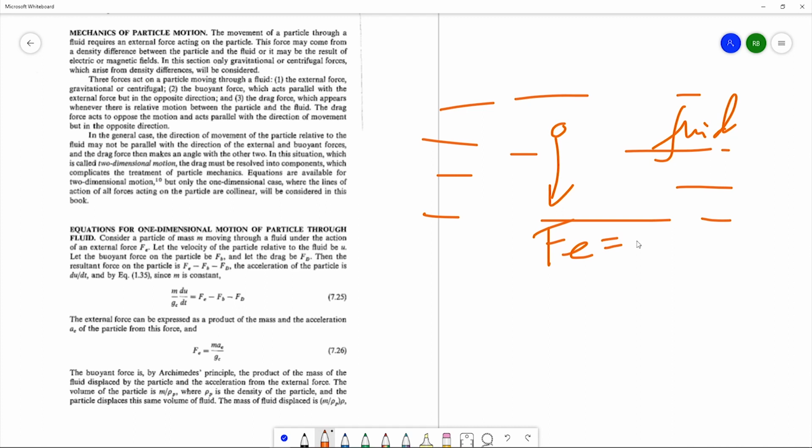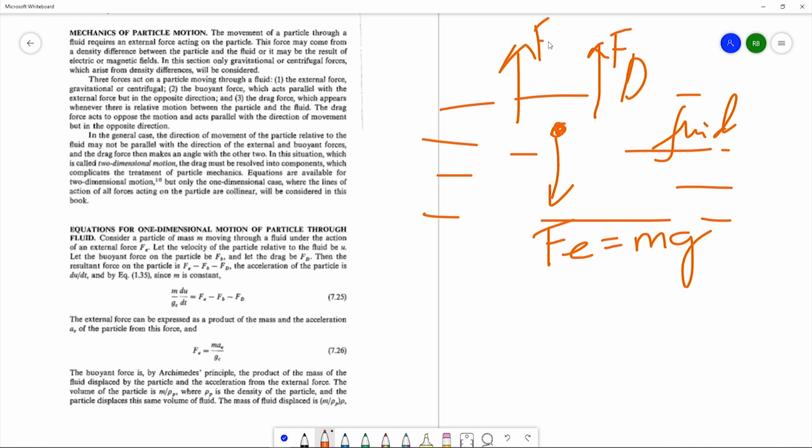What will be the external force? It's nothing but mg, where m is the mass of this particle. What about the opposing forces? We'll have the drag force, which we'll denote by Fd, in the opposite direction, and the buoyant force, which we denote by Fb.